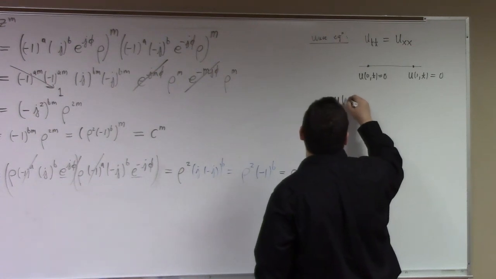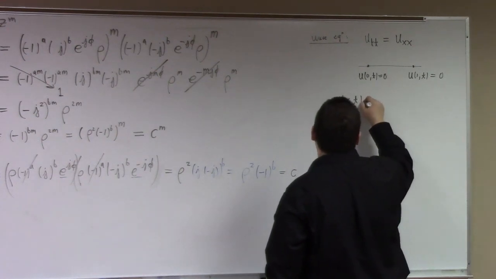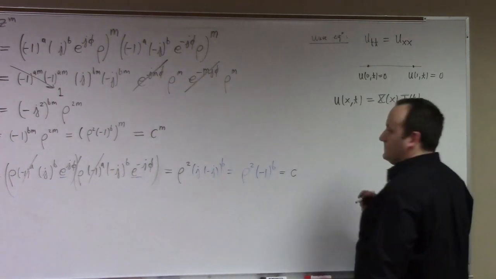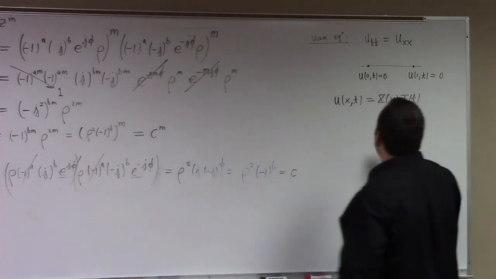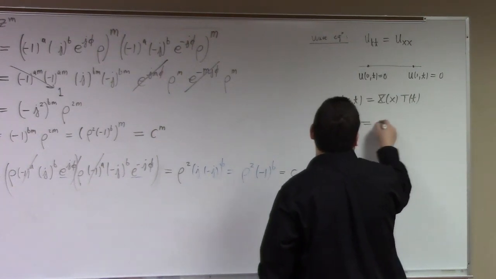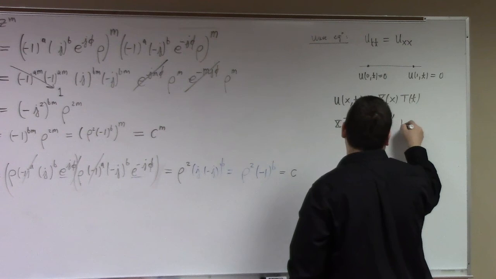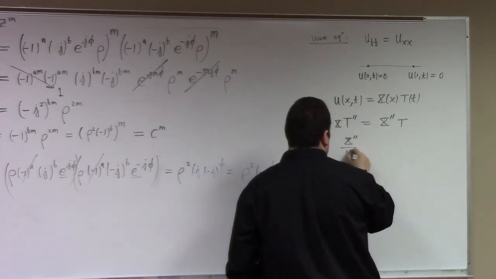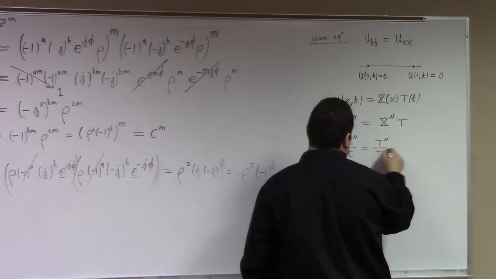Typical solution technique, you say u(x,t) should be something like X(x) times T(t). Plug it in, we get T'' times X equals X'' times T. Separate variables, we get X''/X equals T''/T.